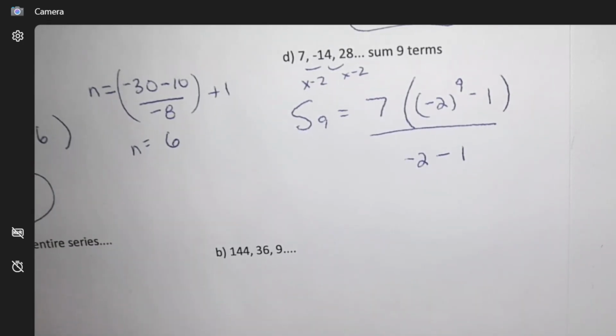So again, this is the tricky type. So go slow and steady. Make sure you're doing brackets where you need to do brackets.